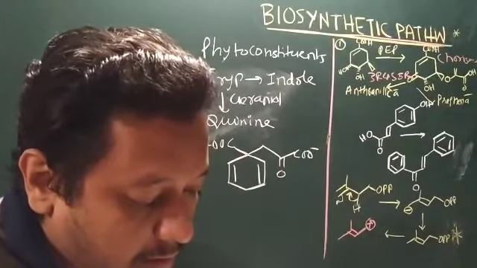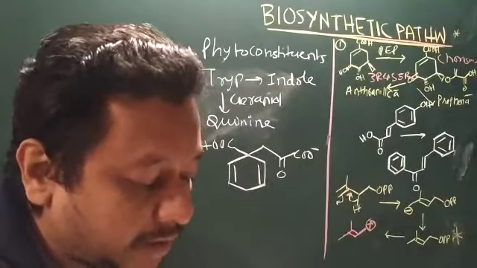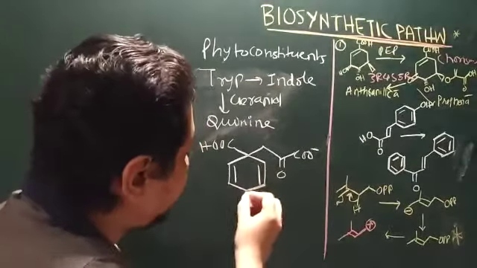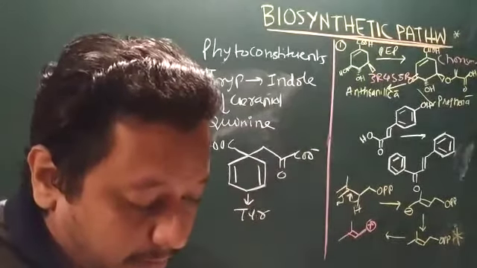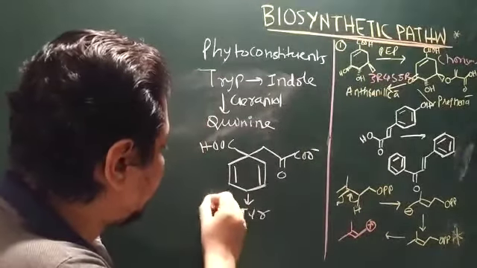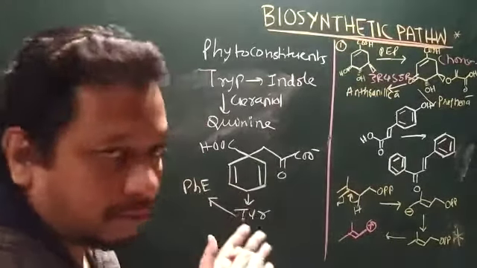This prephenic acid undergoes the process of dehydrogenation with transaminase to give you the very vital amino acid known as tyrosine, okay? This tyrosine can give rise again to phenylalanine and tyrosine, okay?